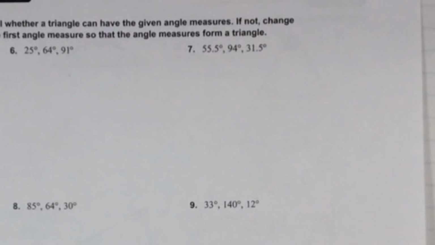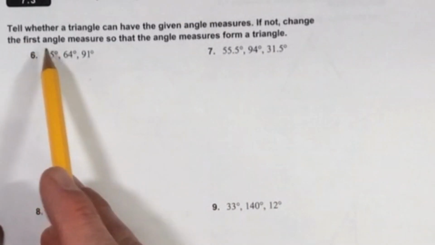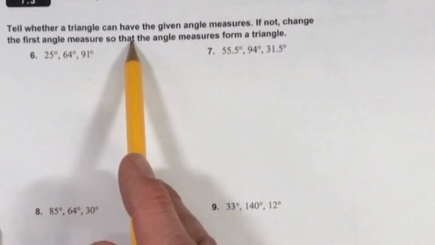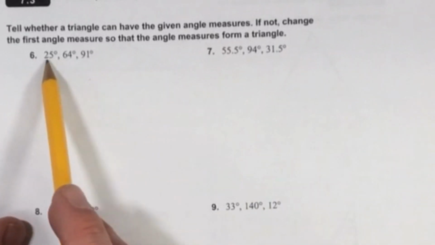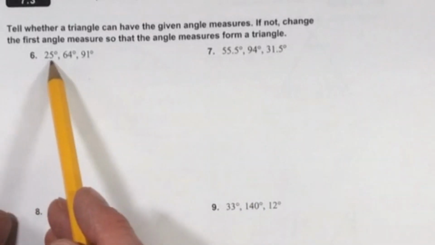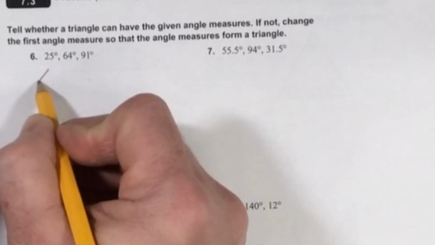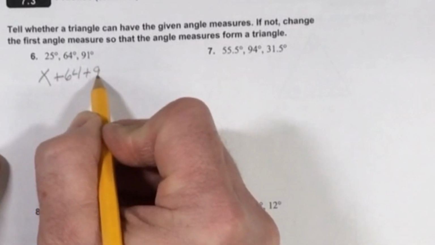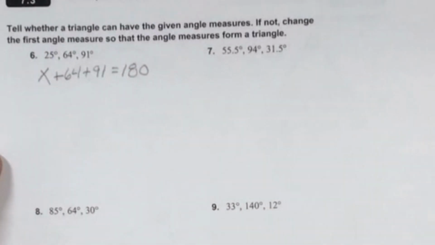Another side. Oh, yeah. Tell whether a triangle can have the given angle measures. If not, change the first angle measure so that the angle measures form a triangle. So instead of adding all three of these to see if it's 180 or not, and then deciding what I have to do with this first angle to make it a triangle, I'm going to count that first angle as a variable, add the other two angles, and see what that first angle has to be.